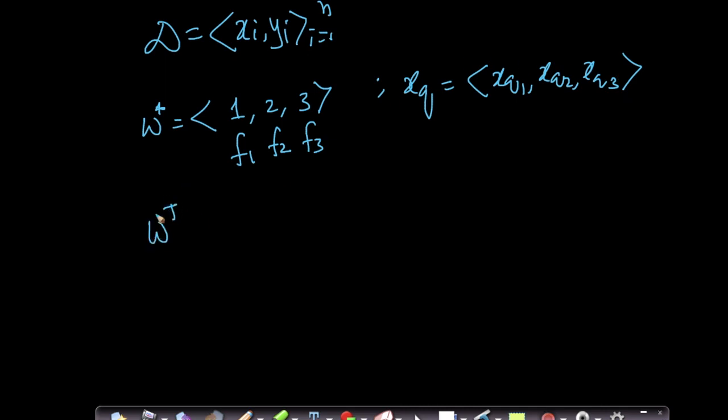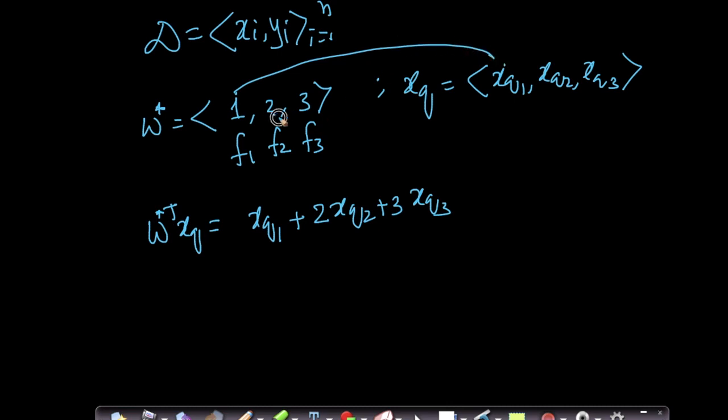I compute w star transpose xq, which is 1 into xq1, plus 2 into xq2, plus 3 into xq3. I'm just multiplying w transpose with x, element by element. This is what your w star transpose xq looks like.